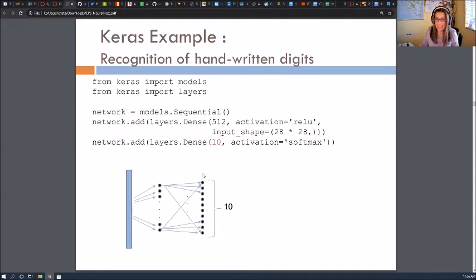We have 10 categories: the 0, the 1, the 2, the 3, the 4, the 5, 6, 7, 8, 9. And if this one is the one that has the highest value, then it means that this is supposed to be number 2. If the digit is a number 6, then this one should be the one that has the highest value.